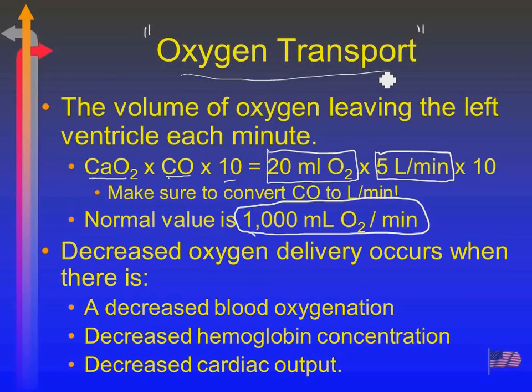And we now know how to calculate both the oxygen content and the cardiac output, and we know what factors go into each of them. So if the overall delivery to the tissues is low, got to go back and figure out which part of that is at fault and fix it.